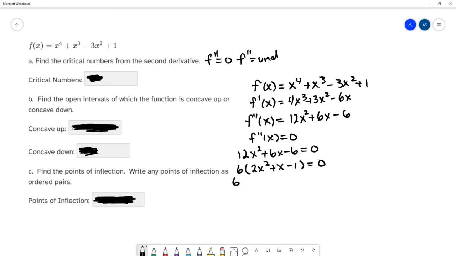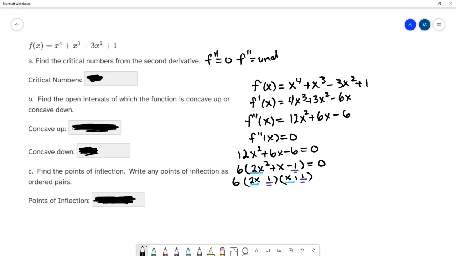Let's see if I can factor this even more. I know that the numbers that go here and here need to multiply to be 2x squared, so that would be 2x and x. And the numbers that go here and here need to multiply to be -1. So we can use 1 and 1.